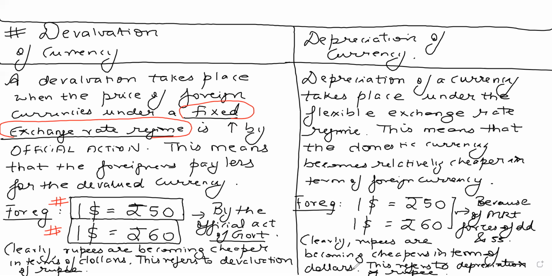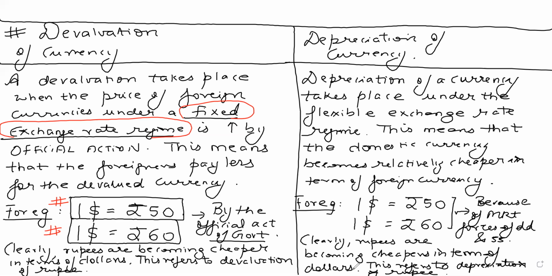Now guys, conceptually, devaluation and depreciation are the same. The only difference is that devaluation happens in the fixed exchange rate regime by the official act of the government, when the government intentionally or knowingly is increasing the price of the foreign currency in terms of the domestic currency.